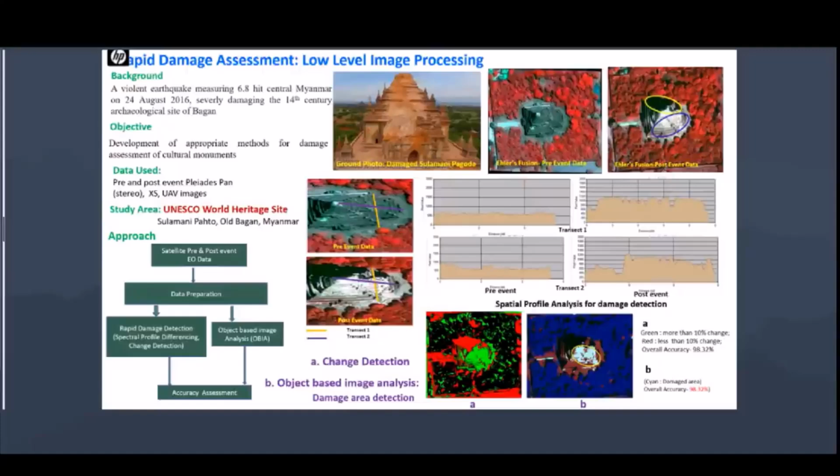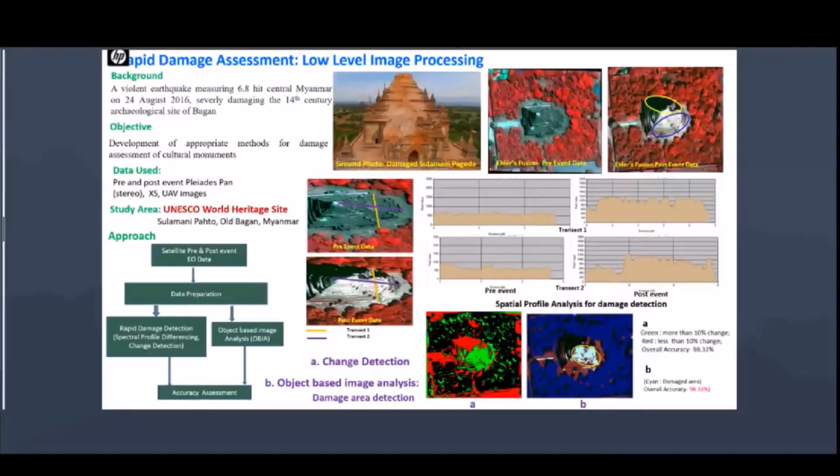Similarly, we can carry out classification and change detection. Object-based analysis and change detection were carried out to find out how much damage has happened. We also utilized the GLCM texture parameters, utilizing our knowledge from the Nepal earthquake time.